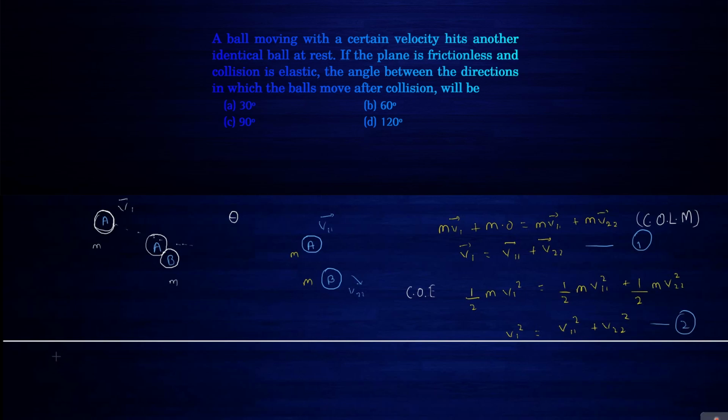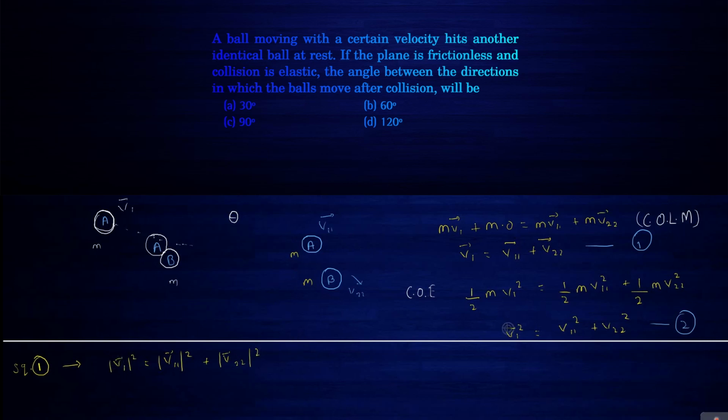Now from 1 and 2, squaring 1 we will get modulus of v1 square equals modulus of v11 square plus modulus of v22 square.